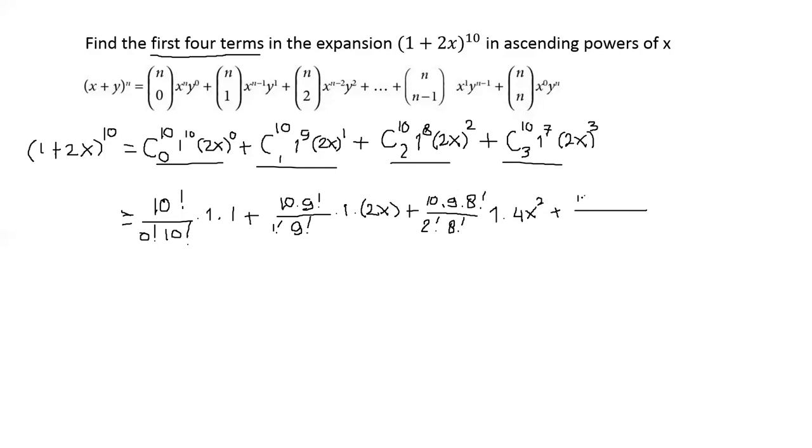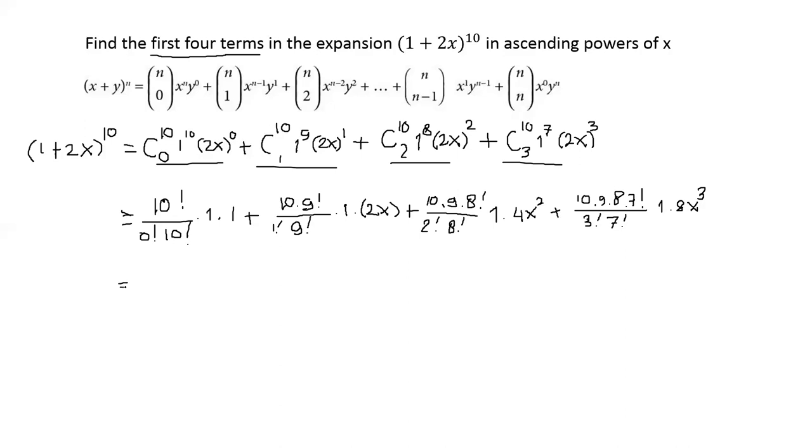So 10 times 9 times 8 times 7 factorial over 3 factorial times 7 factorial, times 1 to the power 7 equals 1, times (2x) cubed equals 8x cubed. Okay, first term, second term, third term, and fourth term.